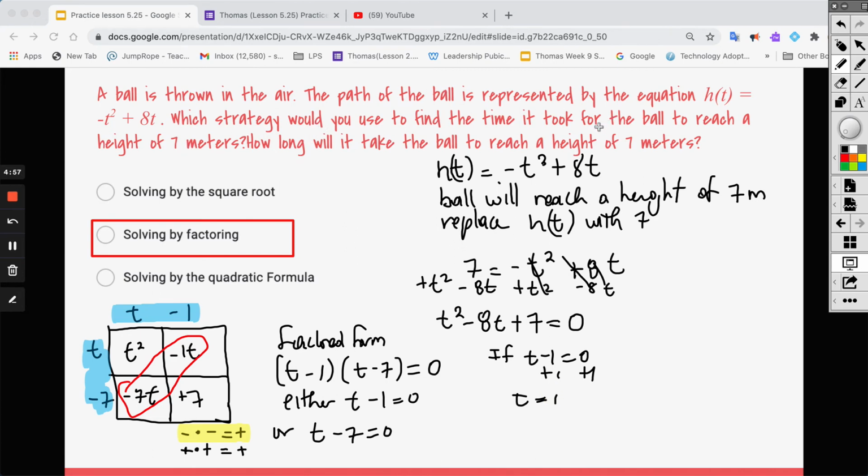We're going to assume that this is seconds. Or if t minus 7 is equal to 0, then adding 7 to both sides means that t is equal to 7 seconds.